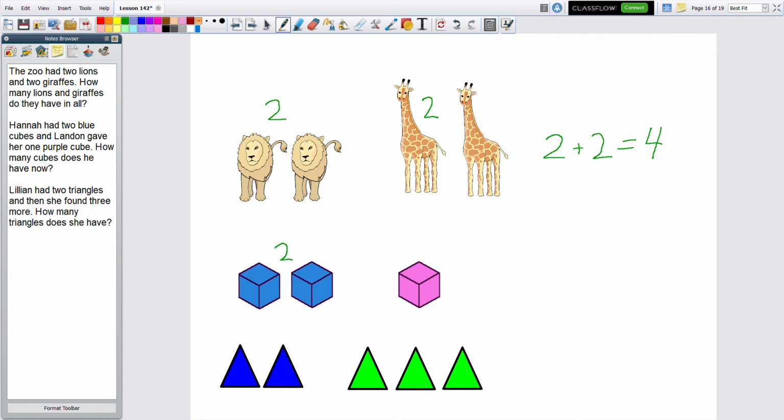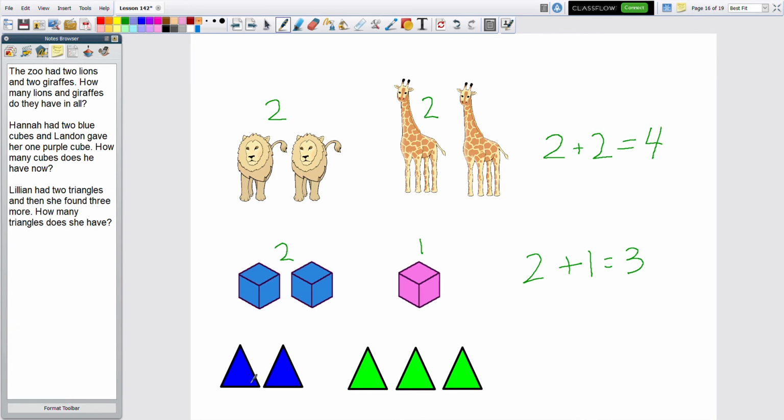She had 2, and she was given 1. So, how would we write that? 2 plus, because it wasn't taking away, 1 equals, how many blocks are there? 3, that's right. Let's go down here to the next one.